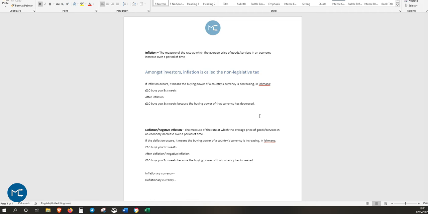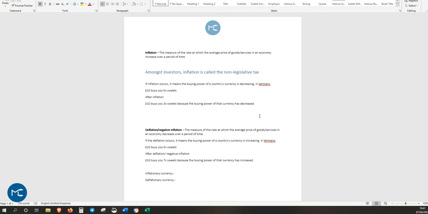I'm going to show you a website where you can do these calculations and actually see what's happening to your money. So every year you're essentially giving away money, but it's not on your payslip. So that's why they call it a non-legislative tax.